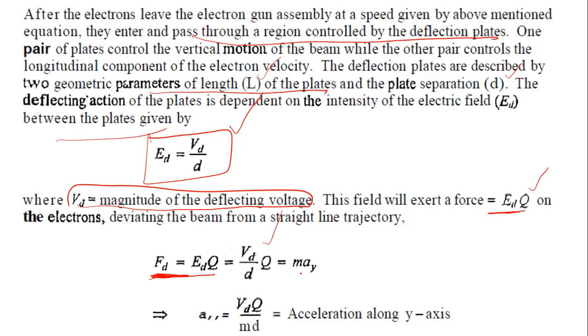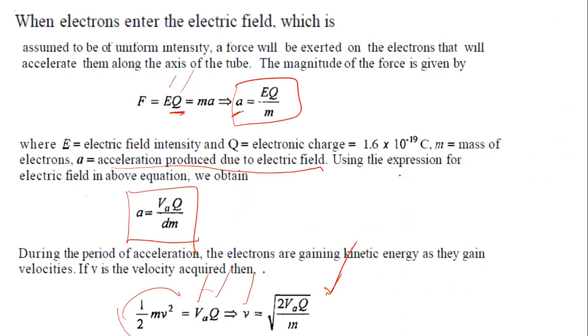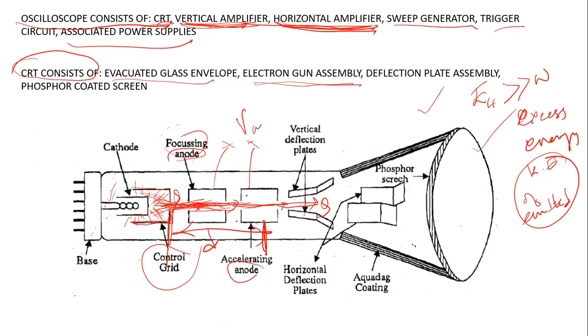So according to Newton's law, force is mass into acceleration. So let's say AY is the acceleration along the y-axis. Earlier here, we talked about acceleration of the charge. This acceleration is along the horizontal here. So as you pass through this accelerating anode, this accelerating anode accelerates the charge along this direction.